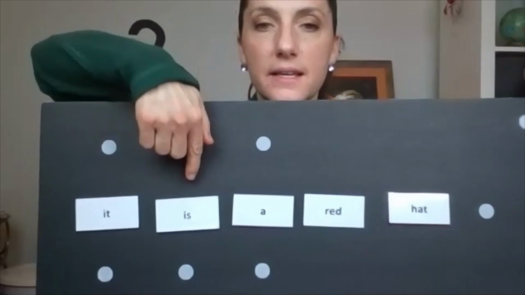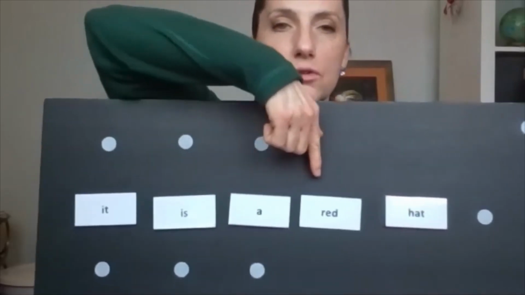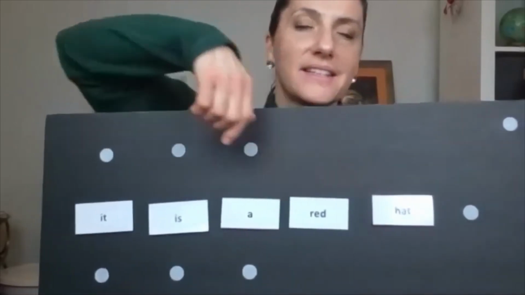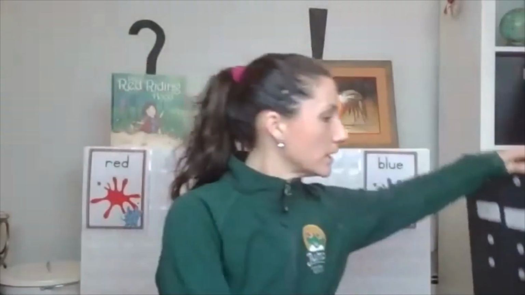It is a red hat. Excellent. Great. Now, if you can read these sentences, that's fantastic. And if you can't, it's okay, right? As long as you're looking at them, the more and more you see these words, the more and more you'll remember. And all of a sudden, one day you'll go, oh, now I can read that sentence, right? So every day we'll go over some so that you see them and you'll eventually remember them, okay?